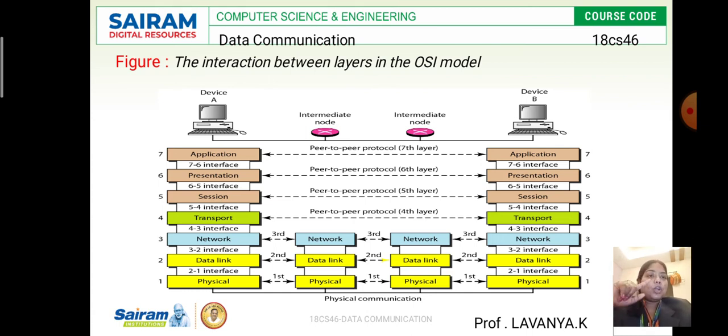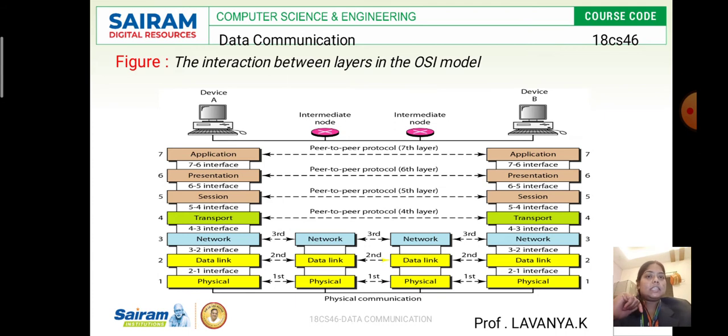We have to communicate one to one, and obviously we require an intermediate node. The intermediate node can be a router, a switch, a hub, or a transmission medium. With the help of any one of these, they can do the transactions.